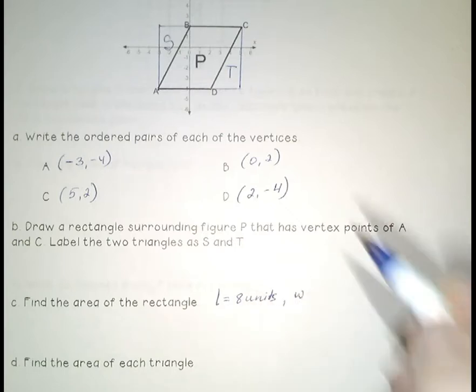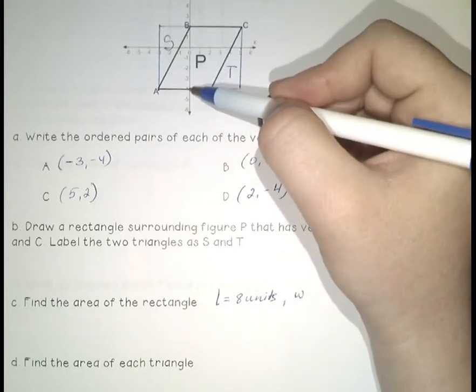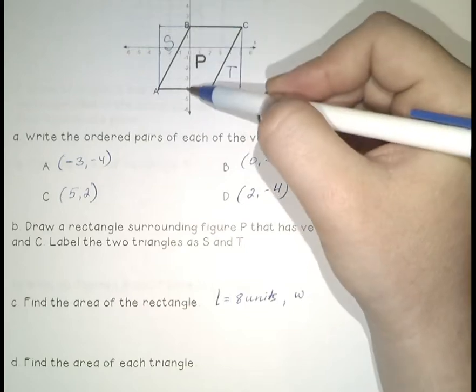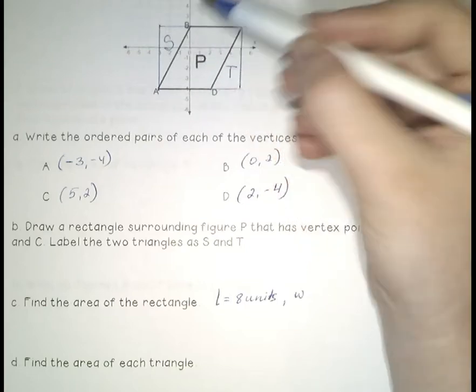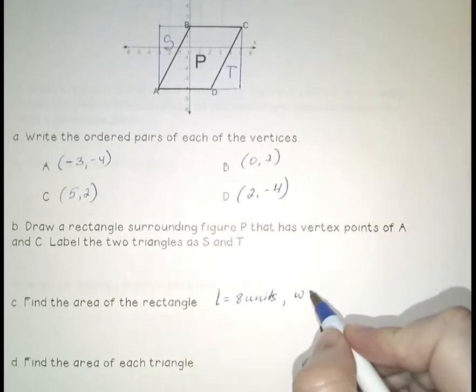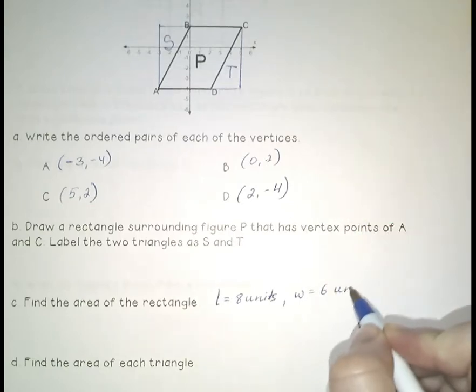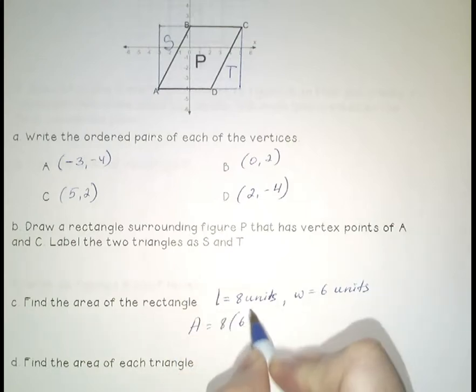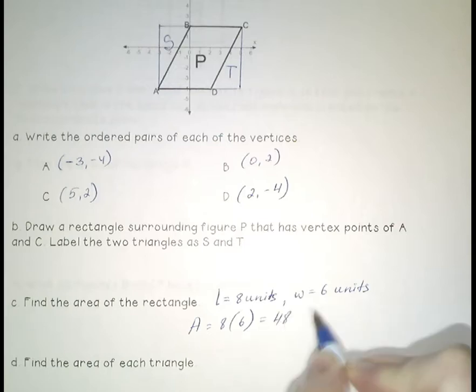And the width goes from -4 on the y-axis to 2 on the y-axis. So it will be 4 units and 2 units, which is 6 units altogether. So the area is going to be 8 times 6, which is 48 units squared.